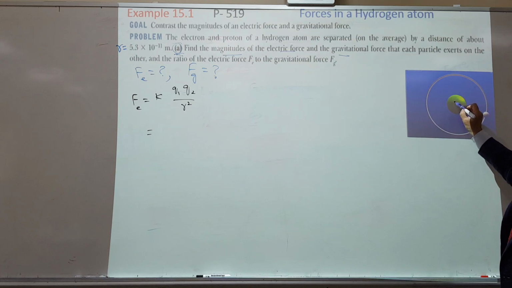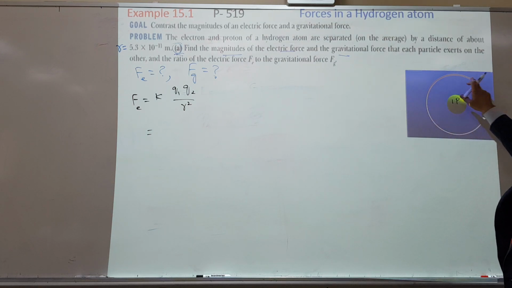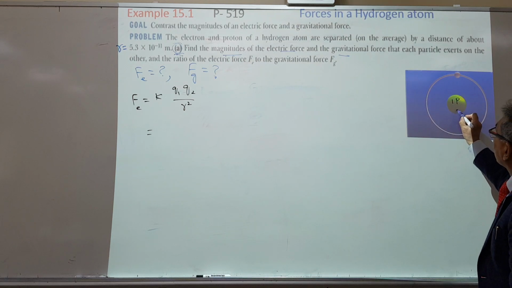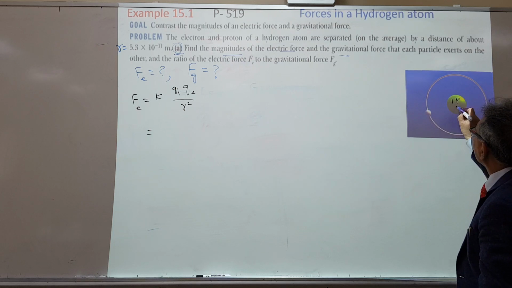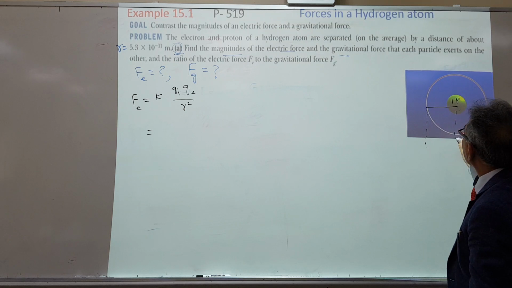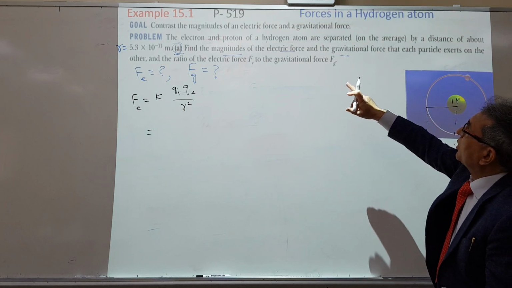You have one proton here and one electron is moving with very high speed around this nucleus. So the radius is given to you, I mean between its center to this one, is R, which is given to you as 5.3 times 10 to the minus 11.